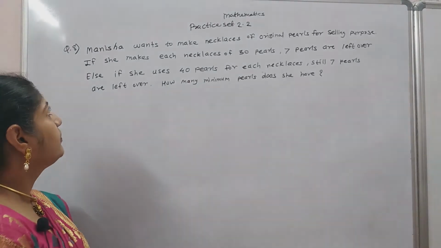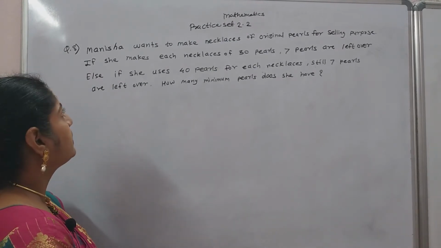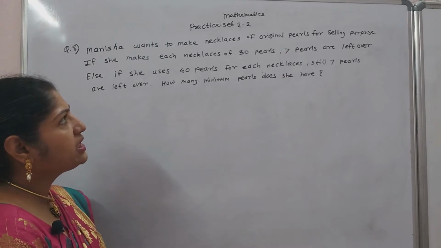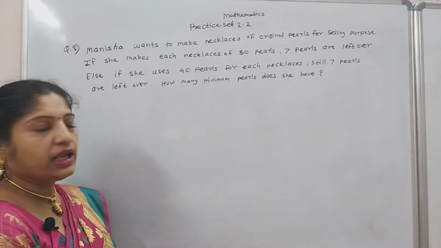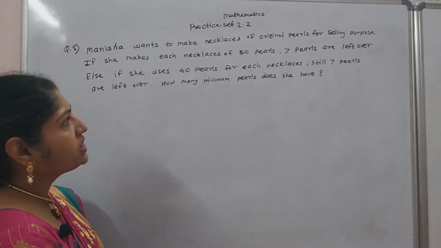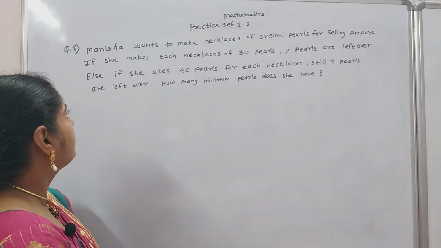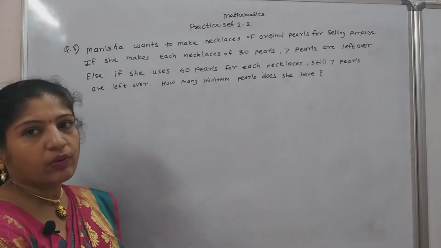Next example. Manisha wants to make necklaces of original pearls for selling purposes. If she makes each necklace of 30 pearls, 7 pearls are left over, and if she uses 40 pearls for each necklace, still 7 pearls are left over. How many minimum pearls does she have?